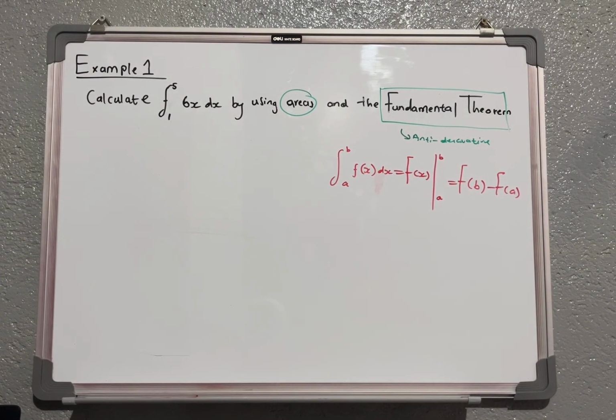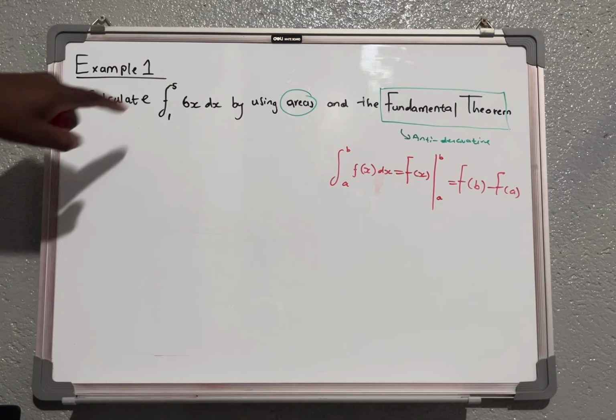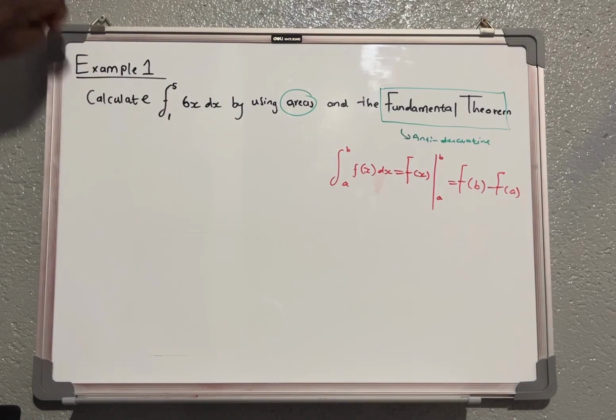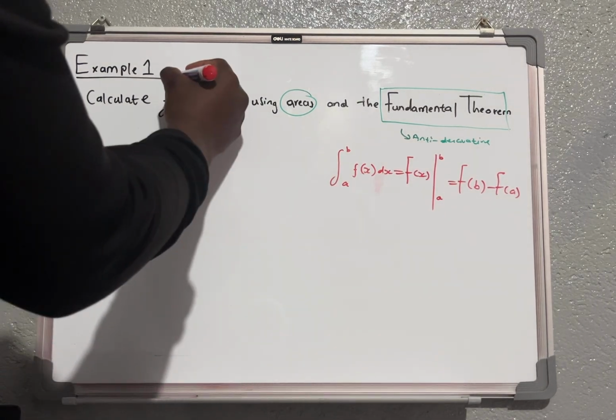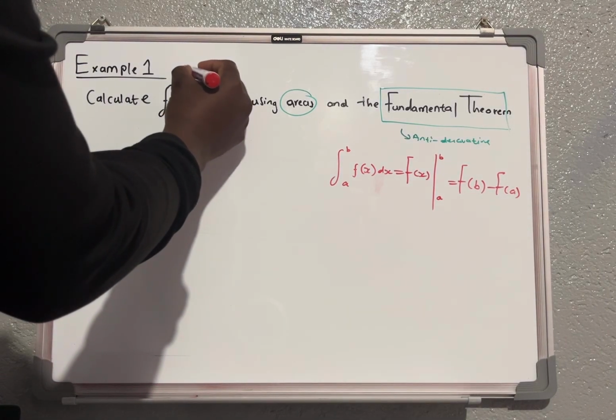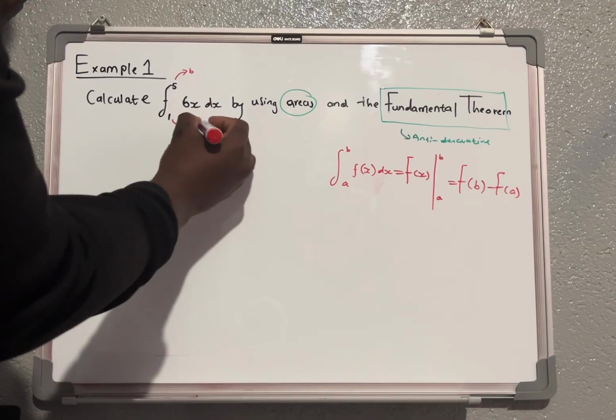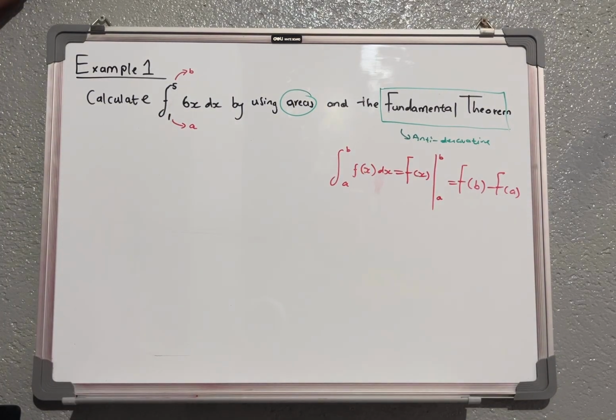As I said, when you see the word areas, you go and analyze the question. In terms of this one, I have my 5 and 1. Comparing it to this formula, here you're going to have your b and here your a.